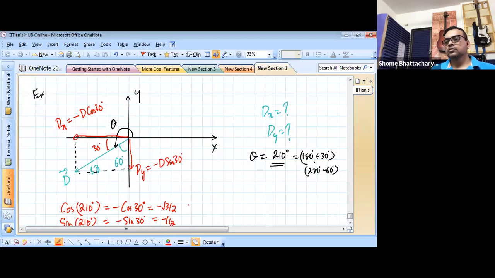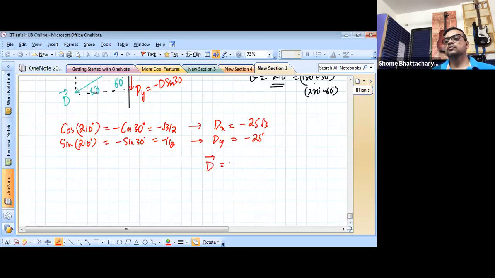So D's x component becomes minus 25 root 3, and D's y component becomes minus 25. So the vector D itself becomes minus 25 root 3 I cap minus 25 J cap.